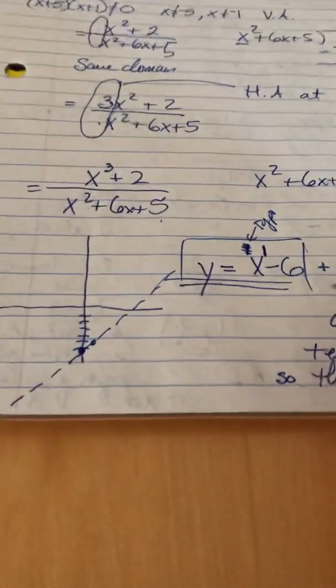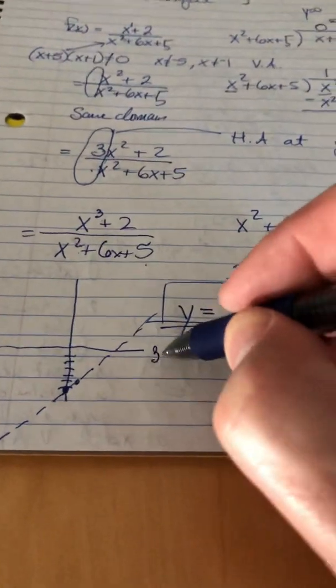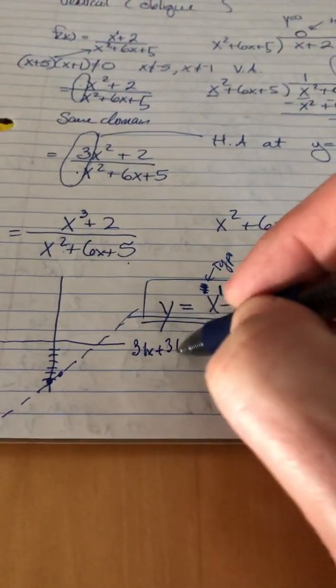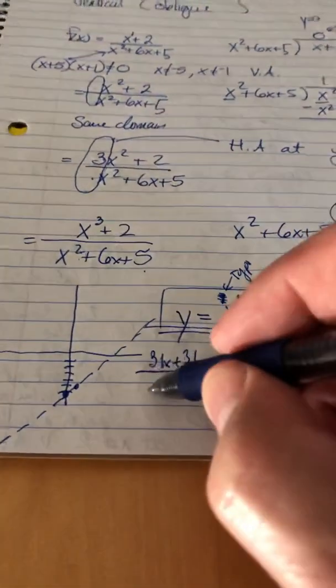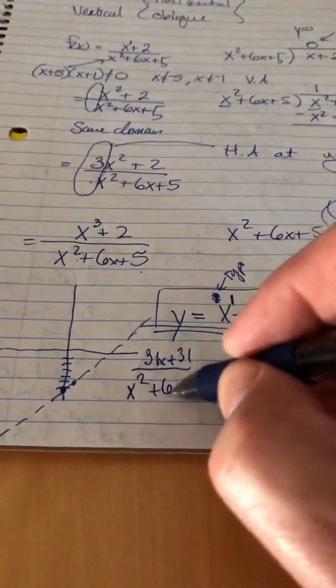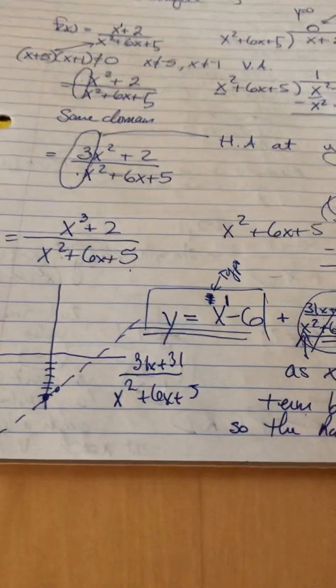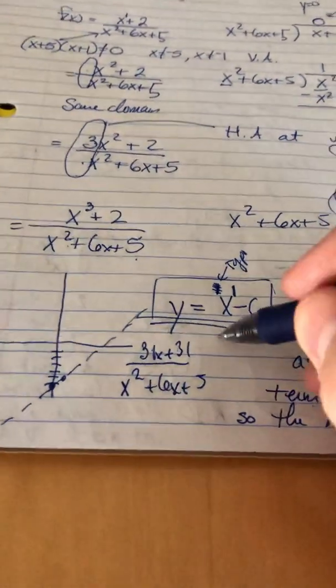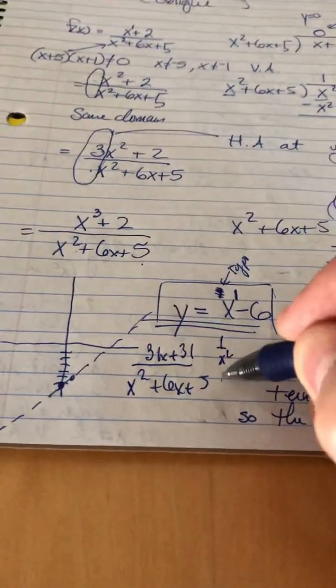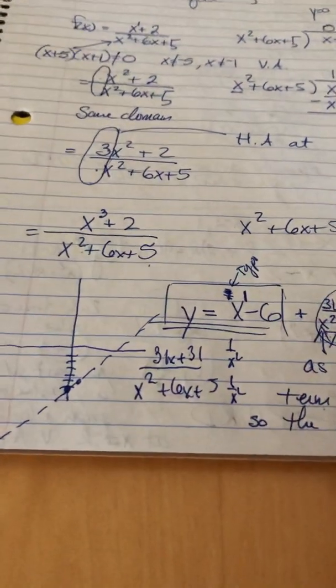It's another way to think about it, and I'll just write this down real quick. So you have 31x plus 31 over the x squared plus 6x plus 5. I'm allowed to multiply a ratio or a fraction by 1. So I'm going to multiply by 1 over x squared and 1 over x squared.